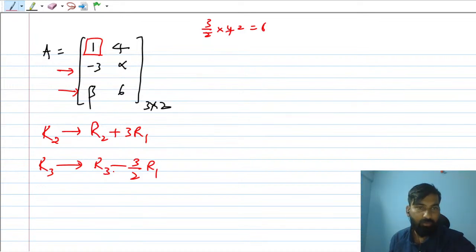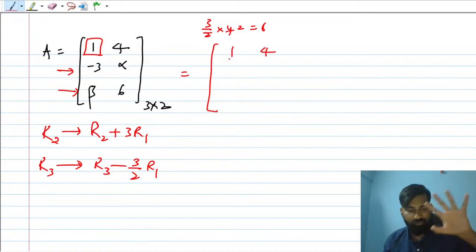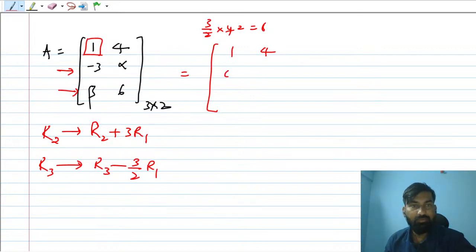So these are the operations which you have to apply. Simply applying these operations, this becomes 1 and 4. You don't have to change the first row, and this will become 0. This is alpha plus 12, because you are multiplying by 3, so it becomes 12.